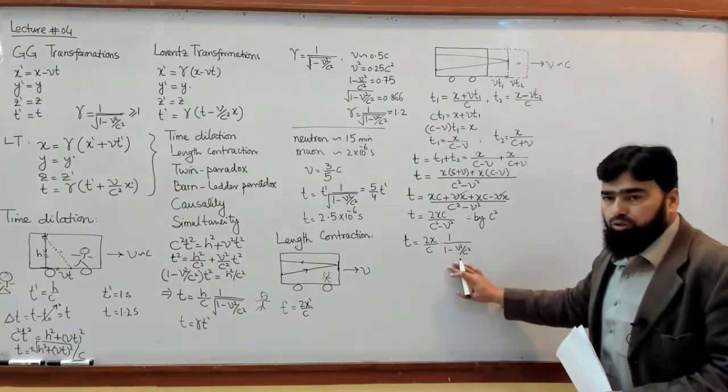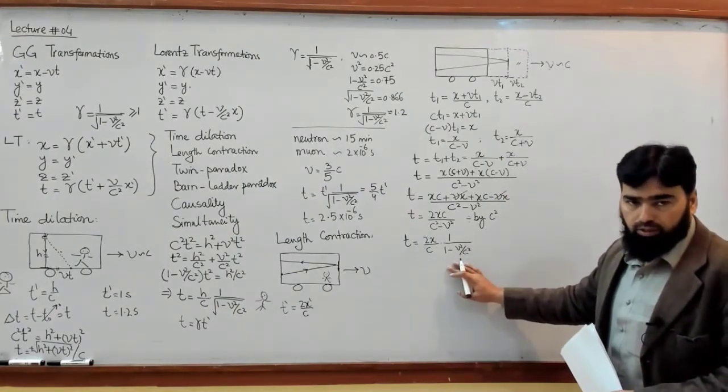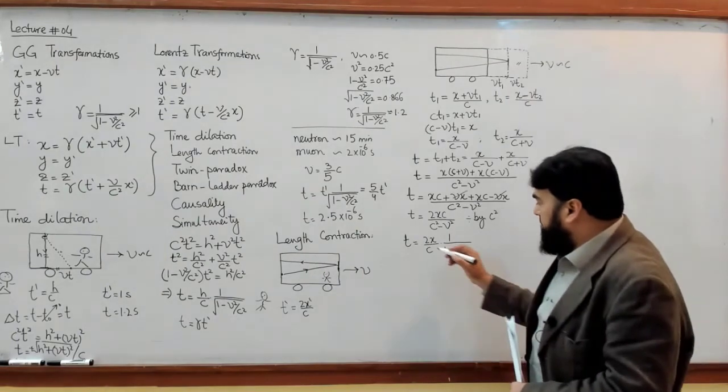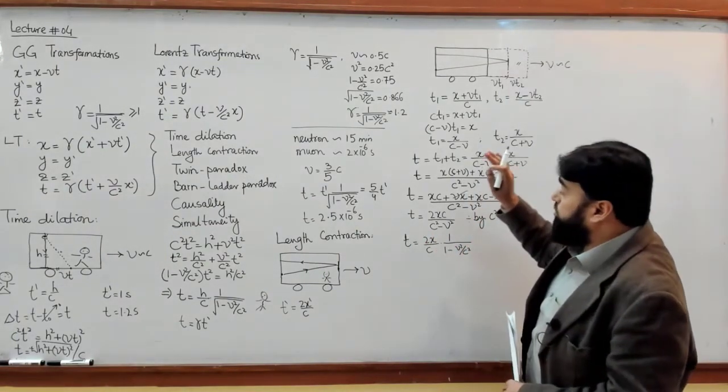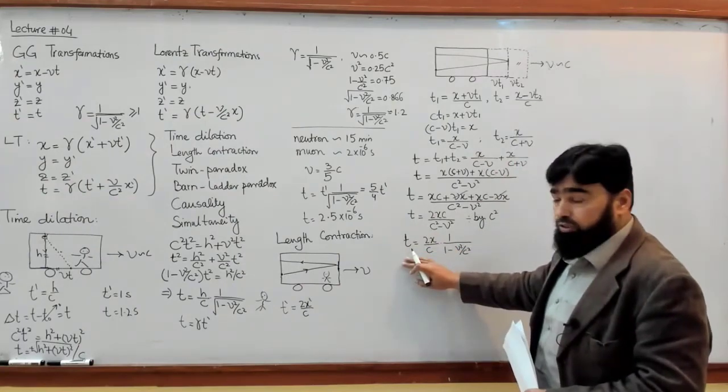This is just to introduce the gamma here. Now I have derived the time according to the stationary observer.